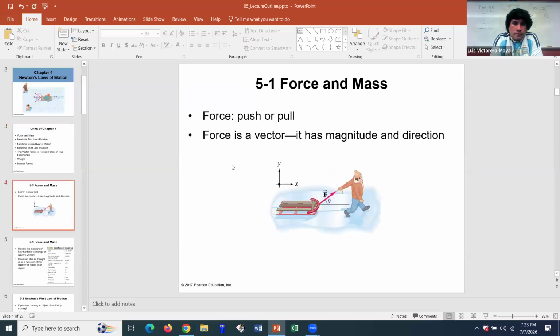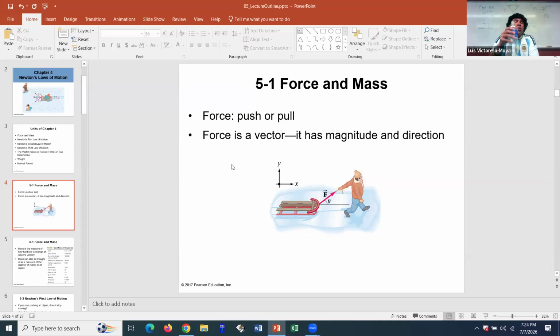In fact, a force is the action of pulling or pushing. Force is a vector because it has magnitude and direction. And the units of force, as I said, are newtons. Now, in some cases, like in the case of the sled before, and this is another one, you may have a person pulling or pushing an object with a force making an angle.